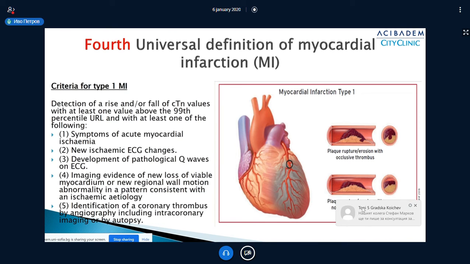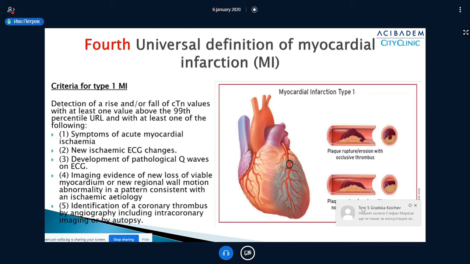In most of the cases, chest pain. These are symptoms of deep chest angina, new ischemic ECG changes, development of pathological Q waves on the ECG, imaging evidence of new loss of viable myocardium or new regional wall motion abnormality, and the identification of a coronary thrombus by angiography, including intracoronary imaging, or by autopsy, unfortunately sometimes.